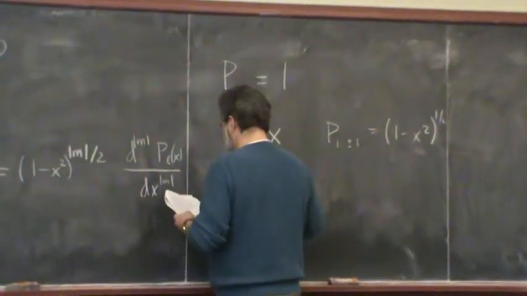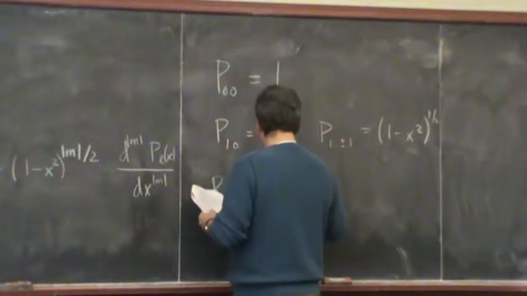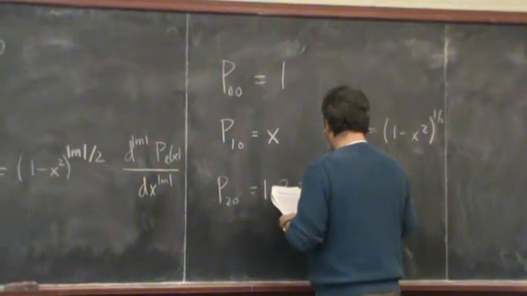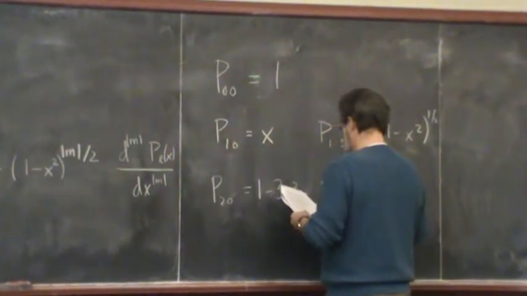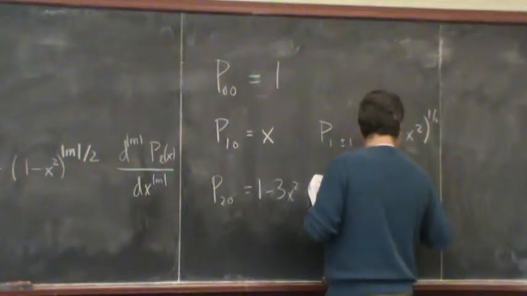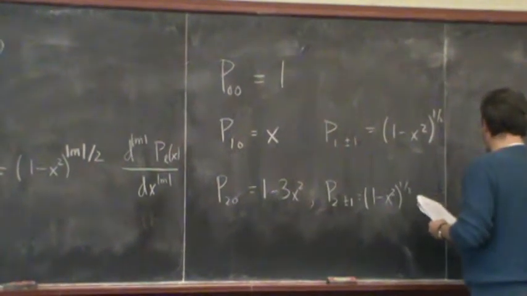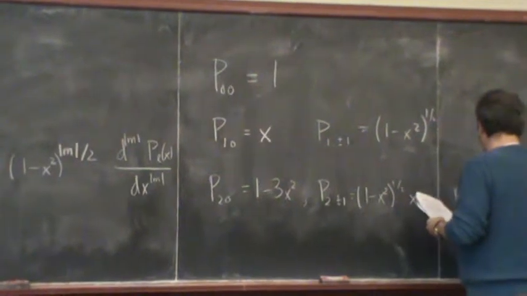P_2^0 should just be the Legendre polynomial. Then we start taking derivatives, and P_2 plus or minus 2.